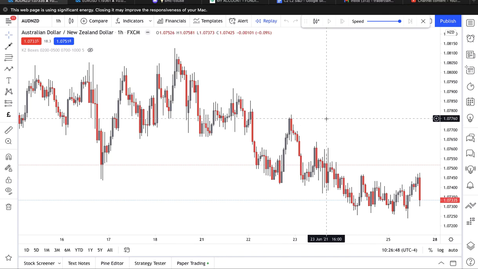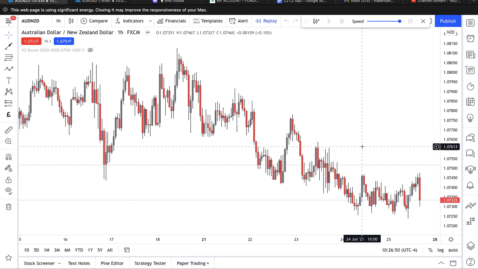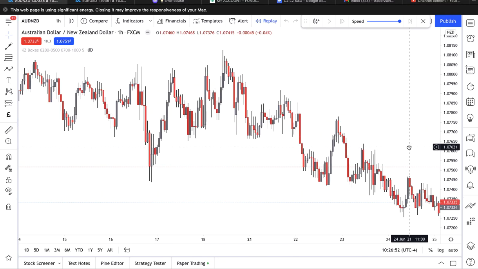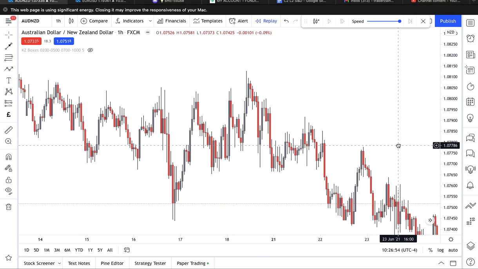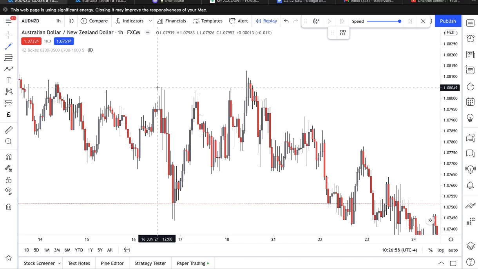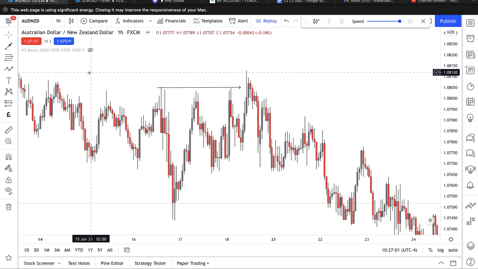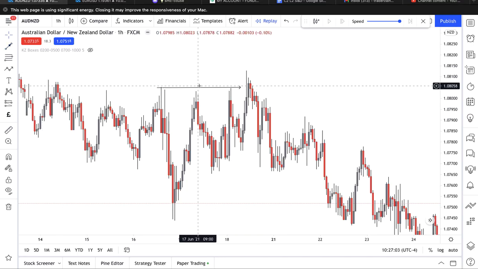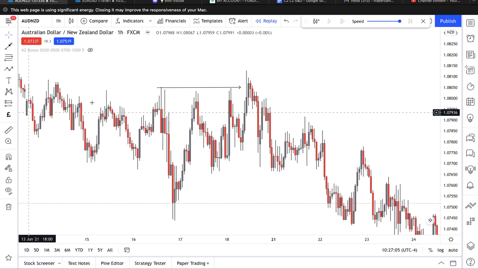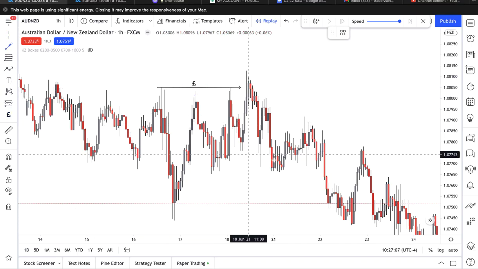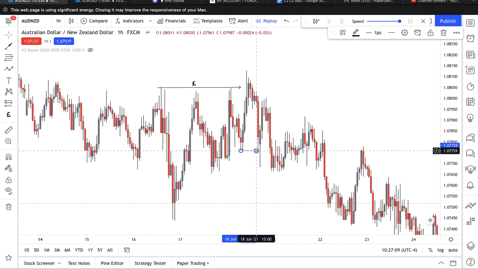Sweet. Where was it? It was right over here. Cool. Let's just mark everything out quickly. That was the equal highs that got taken out. Right. That was that break of structure.